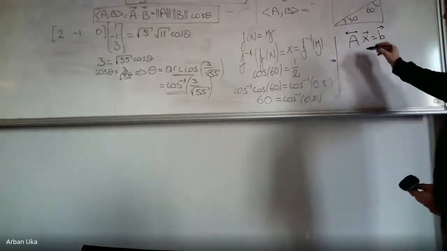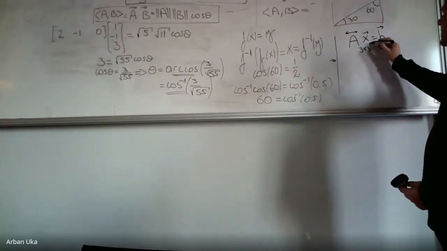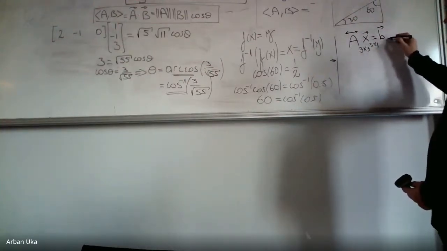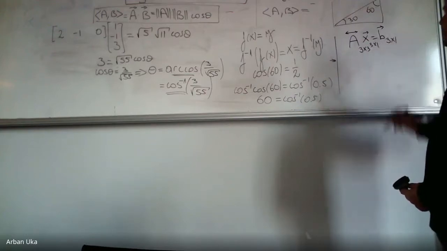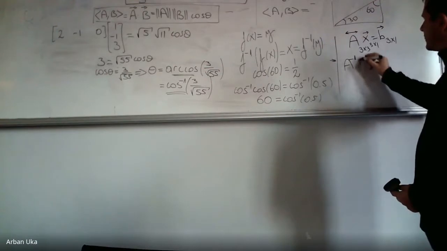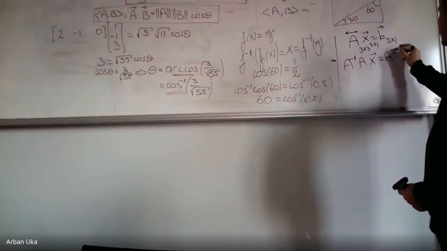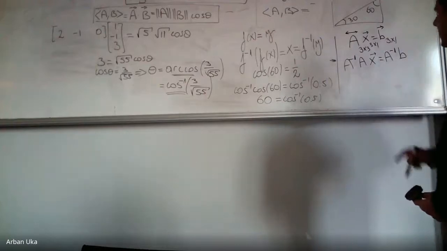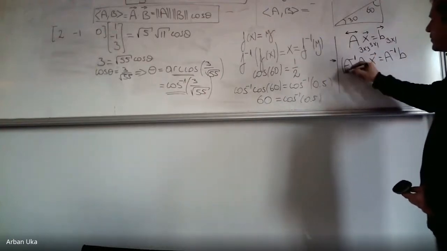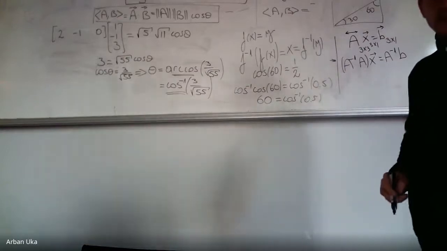Let's assume that A is 3 by 3, x is 3 by 1, b will be another vector which is 3 by 1. Now, if we multiply both sides of the equation with A inverse, we get A inverse times b. And now A inverse times A is equal to what? Is equal to the identity matrix.